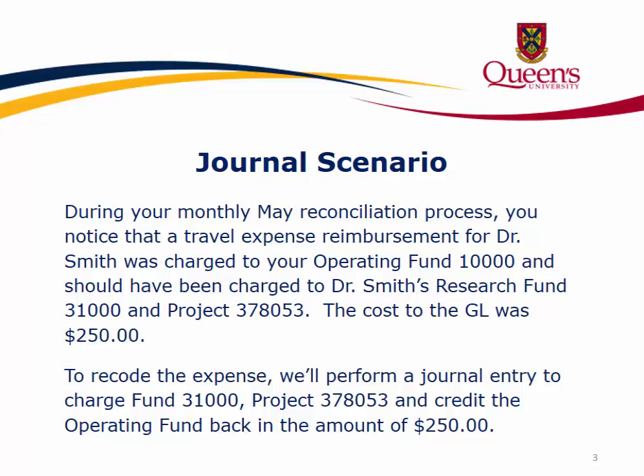The cost to the GL was $250. To recode the expense, we'll perform a journal entry to charge Fund 31,000, Project 378053, and credit the operating fund back in the amount of $250.